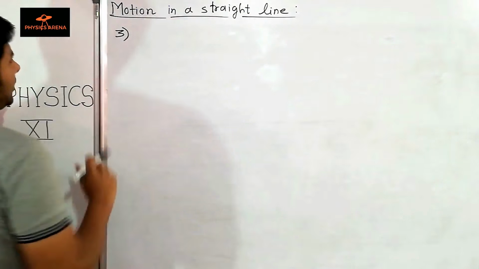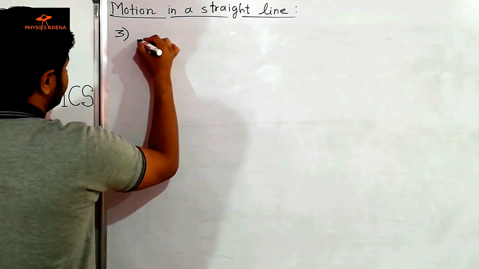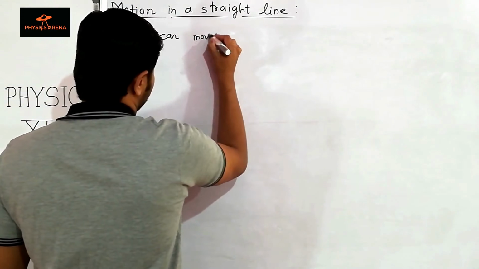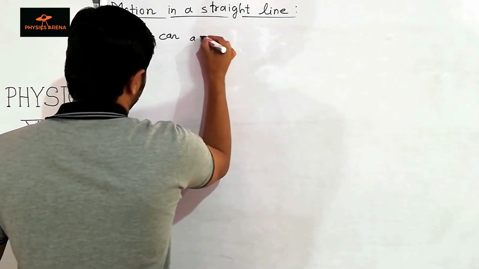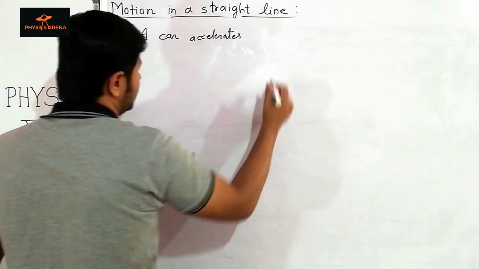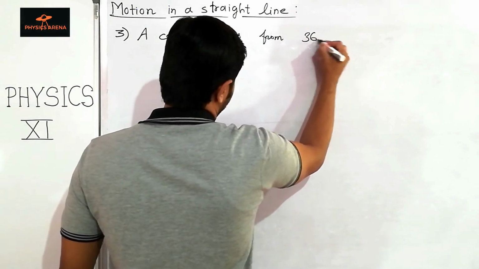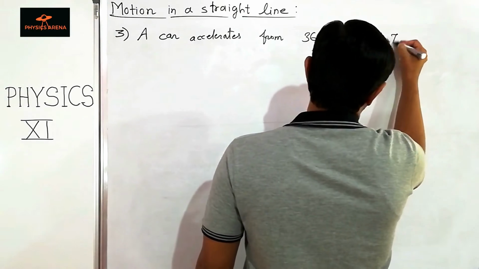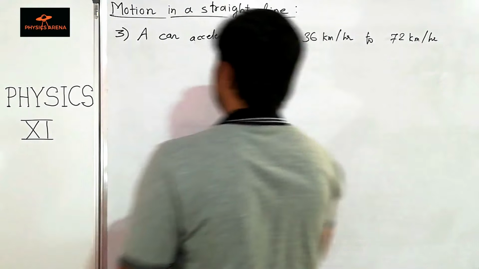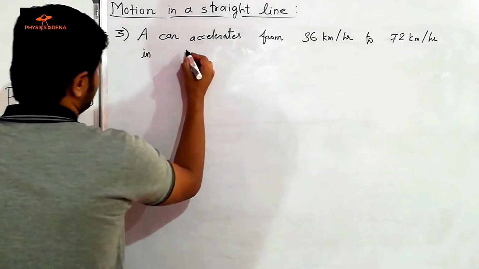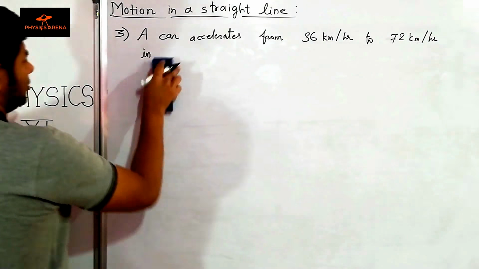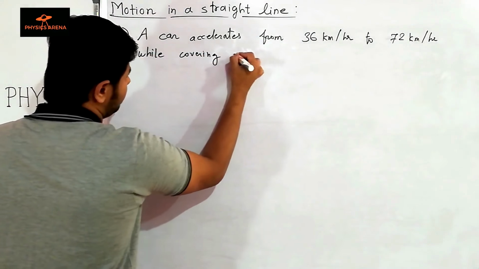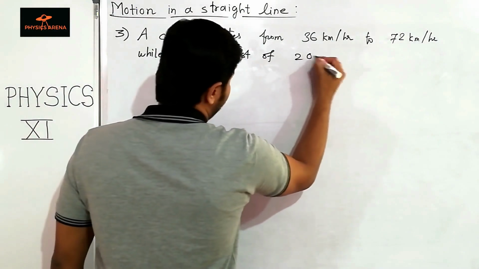Okay, so problem number 3 is, suppose there is a car that moves, or it accelerates, from, let's say, 36 kilometers per hour, I'm taking simple values, to 72 kilometers per hour, while covering a distance of 20 meters.